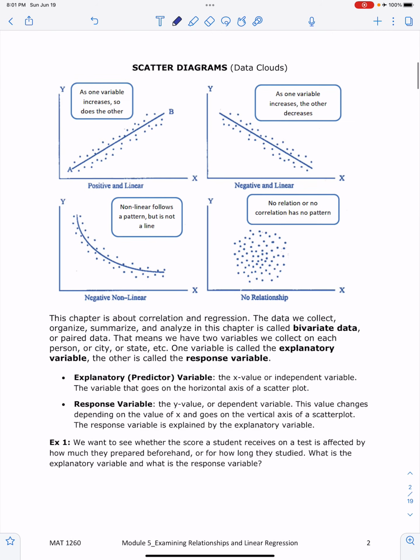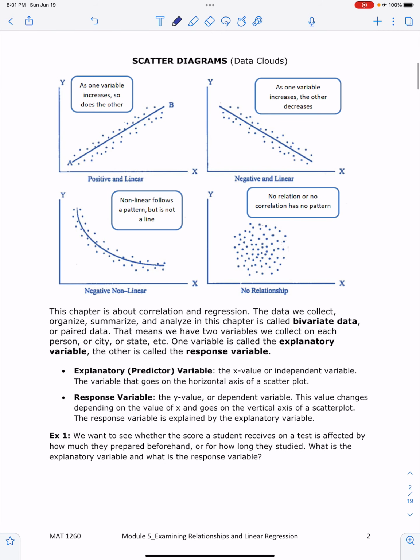We are going to start by creating scatter diagrams or data clouds. You may be used to calling them scatter plots, and used to spending the time graphing them by hand. We are not going to graph by hand. We are going to use technology. Excel will do this for us, but we're going to tend towards Desmos because this is really straightforward in Desmos.